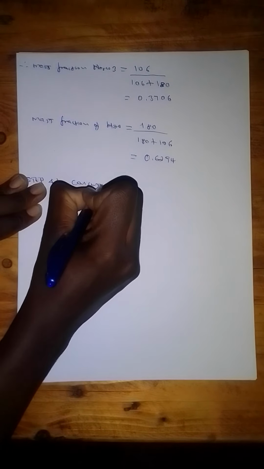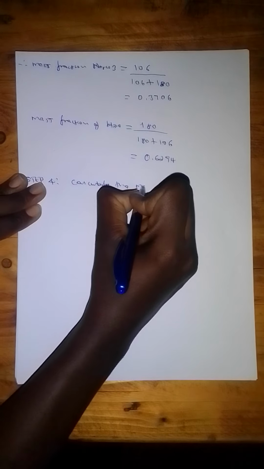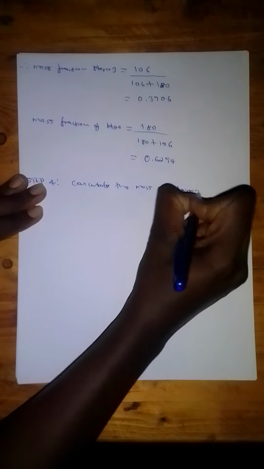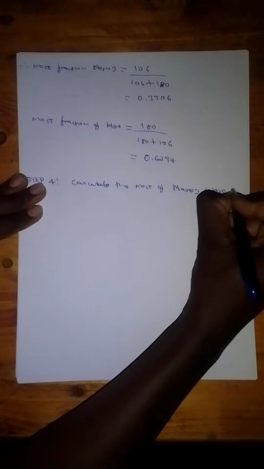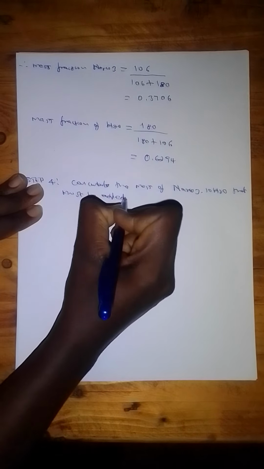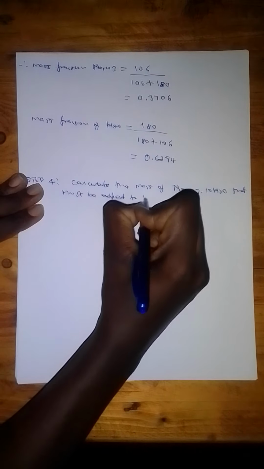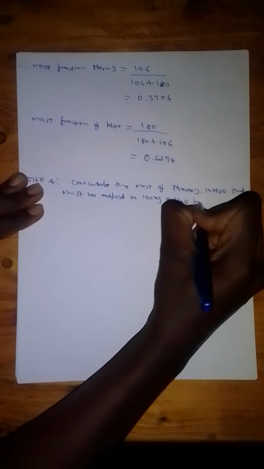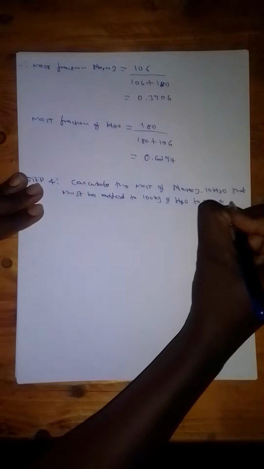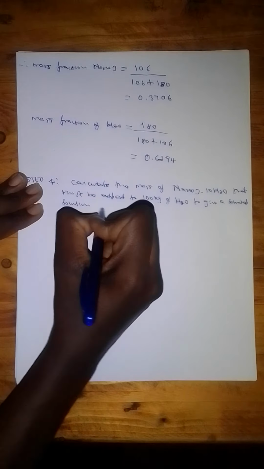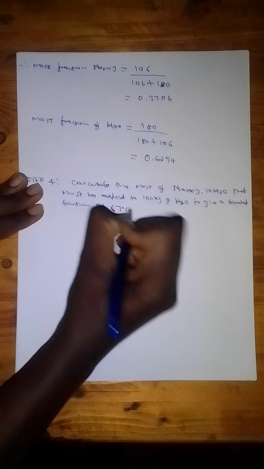Let me just write down step 4 there. Calculate the mass of Na2CO3·10H2O that must be added to 100 kilograms of H2O to give a saturated solution at 67 degrees Celsius.